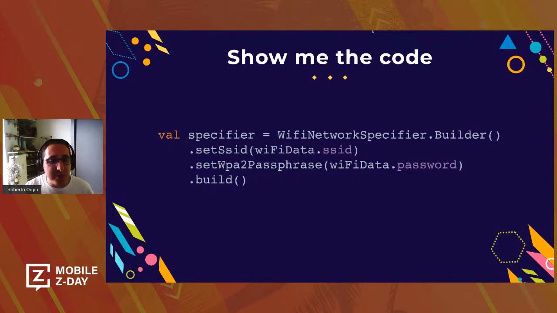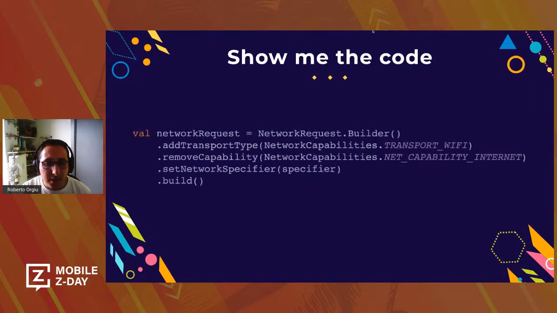From there, we will have the possibility to set different data. For instance, there's the network name and the WPA2 password. Once we created the specifier, in this case, we want a specific network that has a specific username and password, we will need to pass it to the network request.